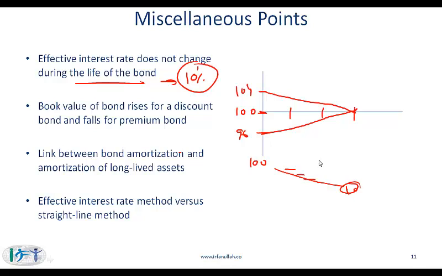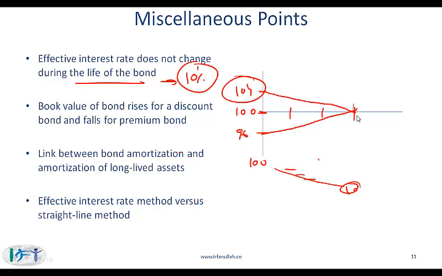Now notice that this was done for an asset. What are we doing through amortization with a bond? In a sense, we are doing the same thing. If a bond was initially at 104 and after 3 years the expected value is 100, through amortization we are just adjusting the book value of that bond liability so that ultimately it is down to 100, which is what you expect the liability to be after 3 years.